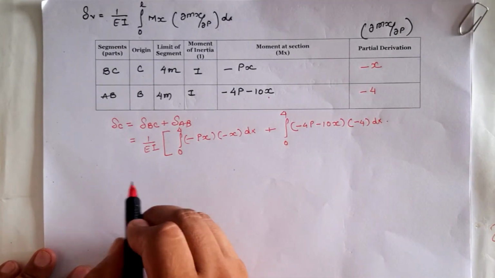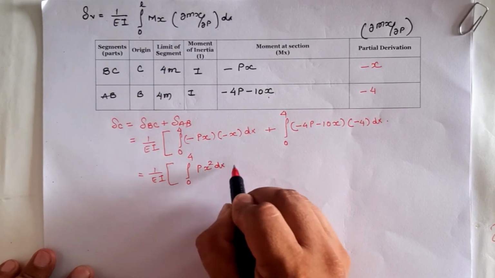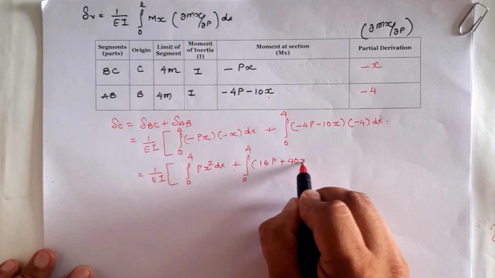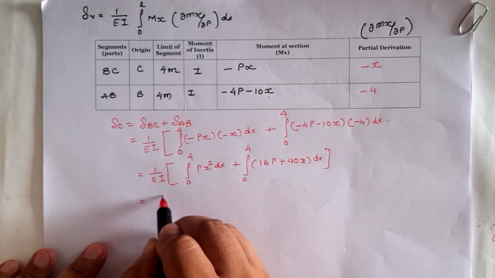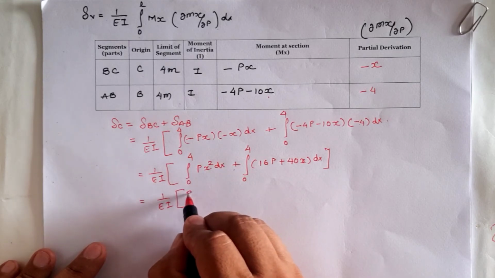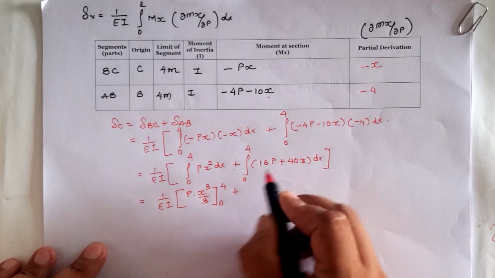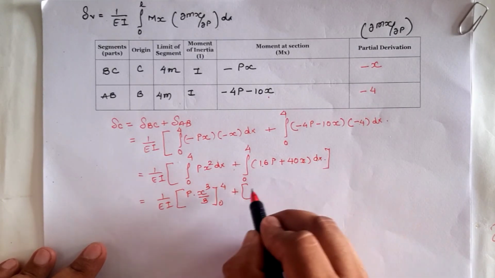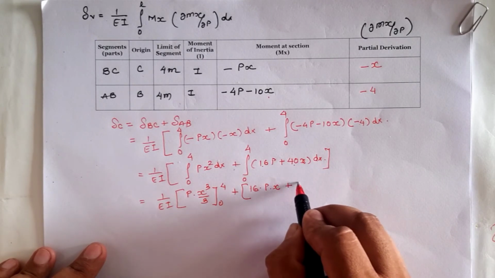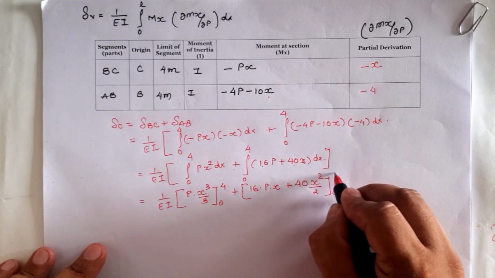Now solving this equation, 1 by EI is constant, Px square dx integrates to P into x cube by 3, with limit 0 to 4. For the second part, it is 16P dx, which is 16 into P into x, plus 40x dx. The integration of 40x is 40 x square by 2, with limit 0 to 4.